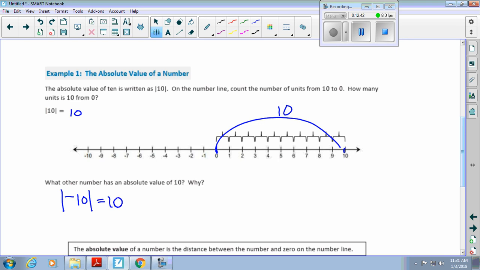Very good. So whether it started as a positive number or a negative number, absolute values are always going to be expressed as positive. Very good, Caleb. Positive. All right? Because we're just saying how far away it is from 0.